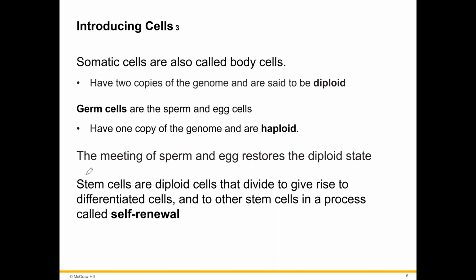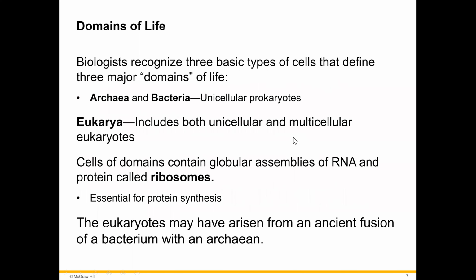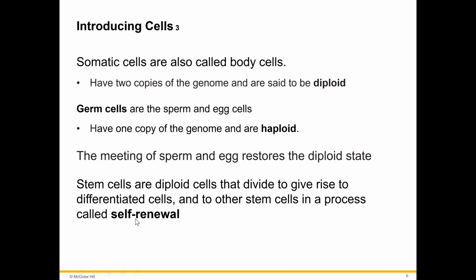All right, so let's look more into that. At the end of this PowerPoint, we will go back to stem cells and see how they can self-renew and how they can differentiate. Okay.